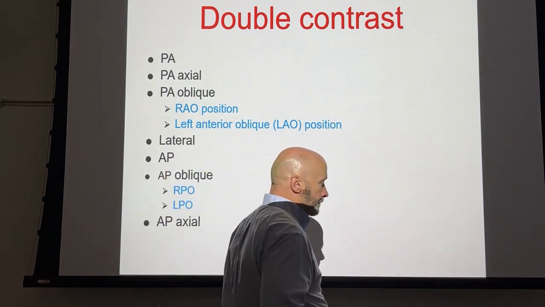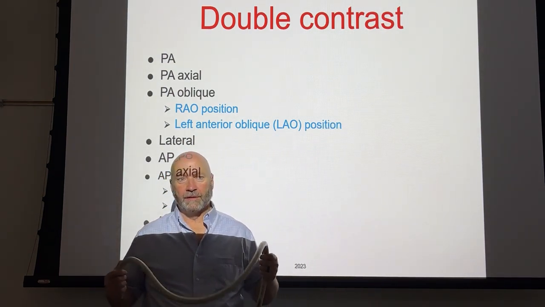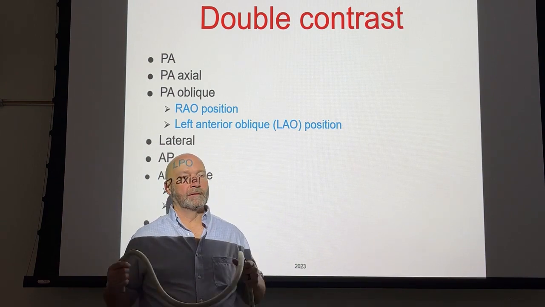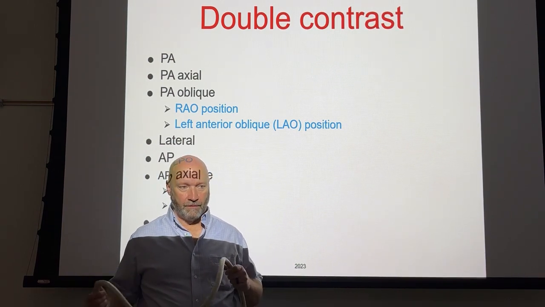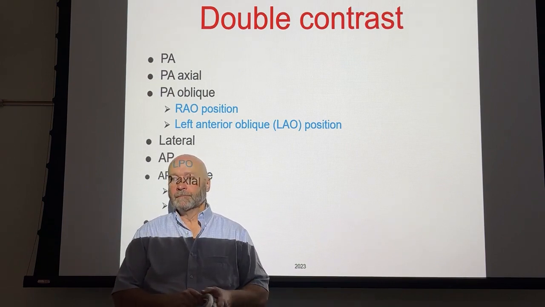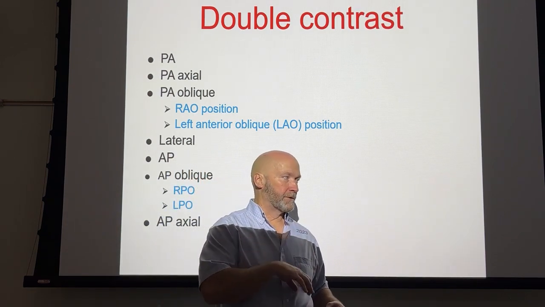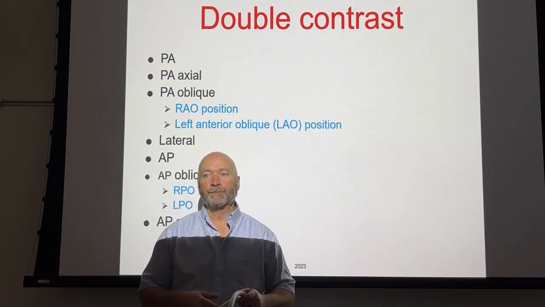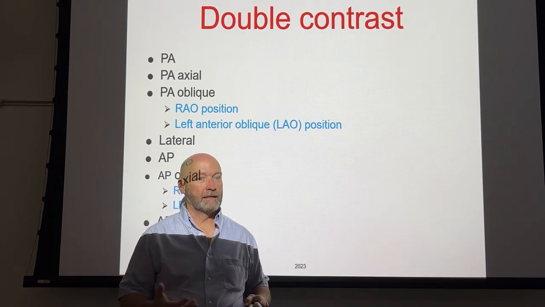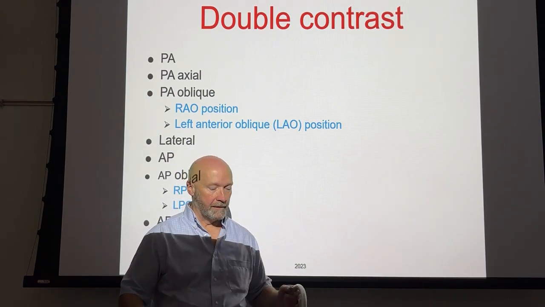Now again, on your test questions, think gravity and read the question well to determine what it's asking you. Where is the barium versus where is the air, right? If it's asking you for mucosal lining, that's always going to be air, right?